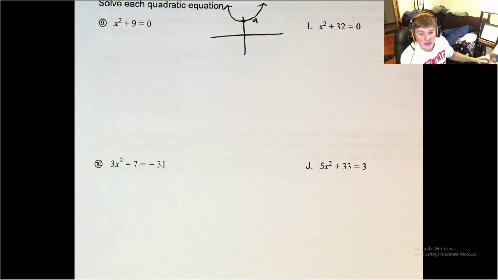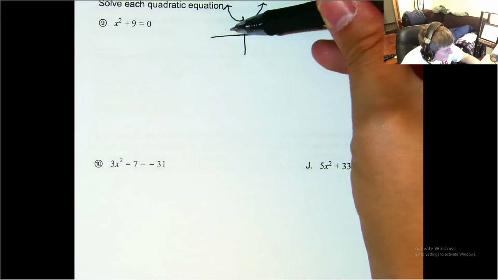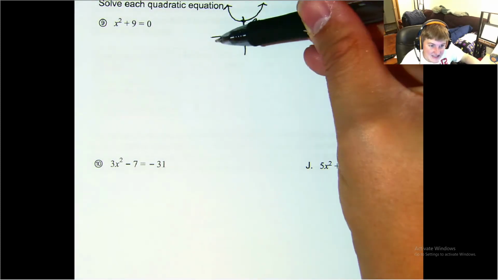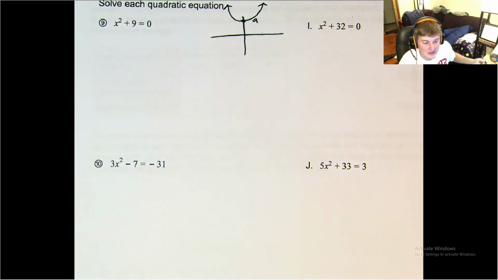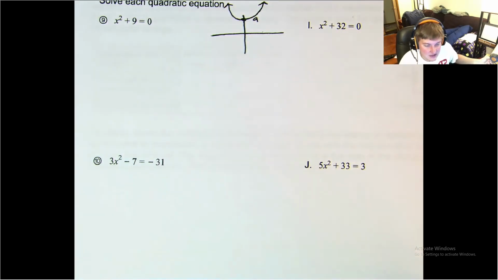And I want to know when it's equal to 0. So essentially it's saying, when is its y value 0? Well, as we learned in the last section, that's just where it's going to be crossing the x-axis. We're just trying to figure out what x values cause me to cross the x-axis.